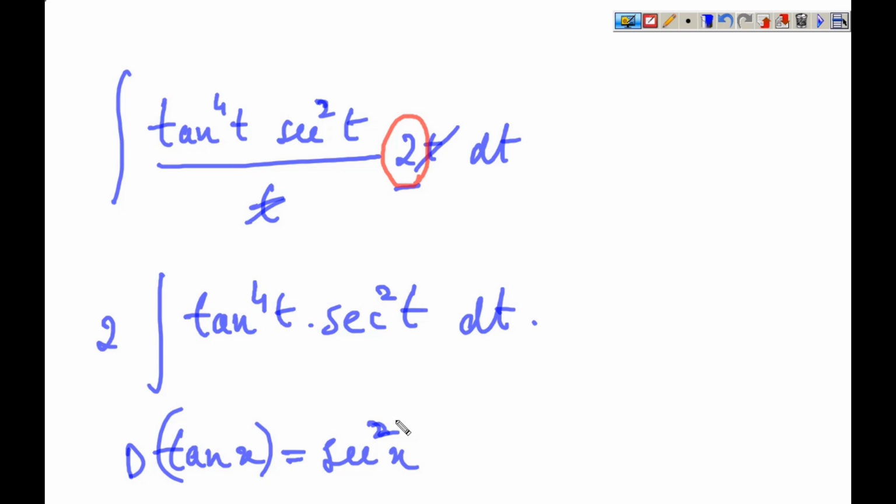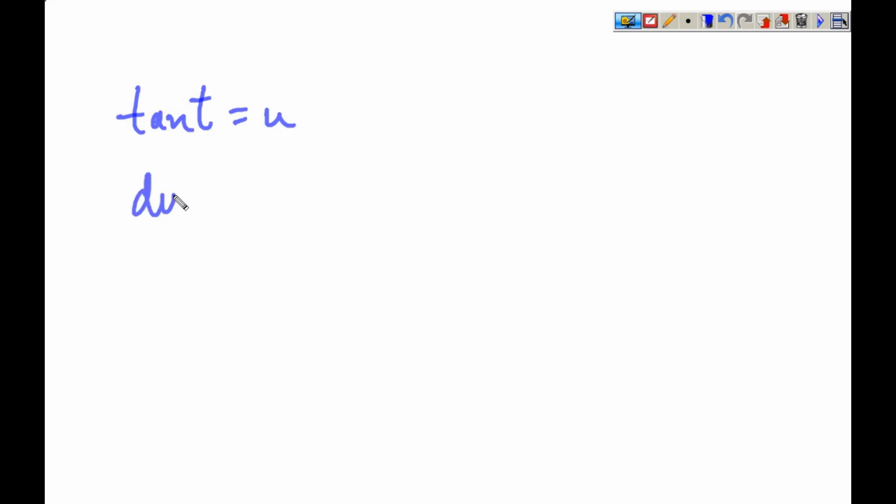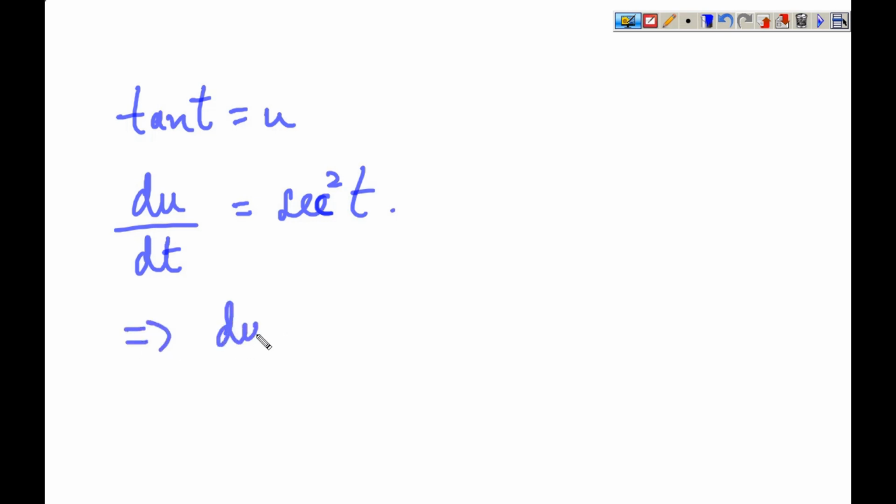So let's do substitution again. Let's put tan t equals u, right? So du by dt will give me secant square t. I can rewrite this as du equals secant square t dt. So therefore the function will look like this.